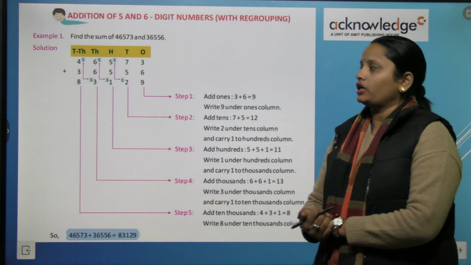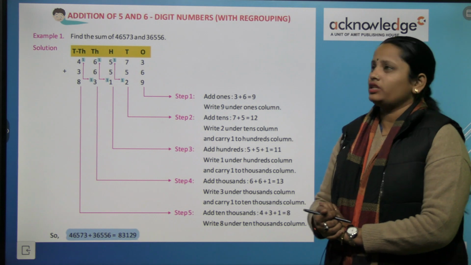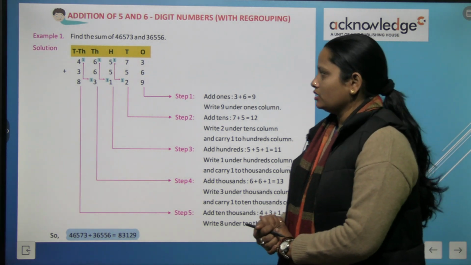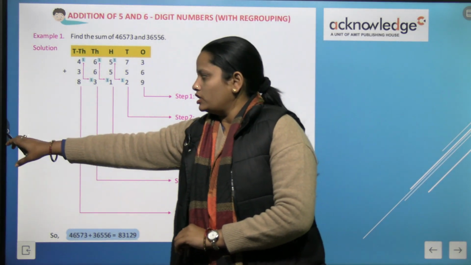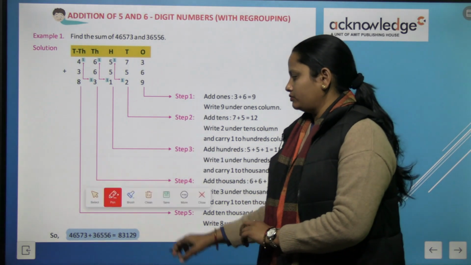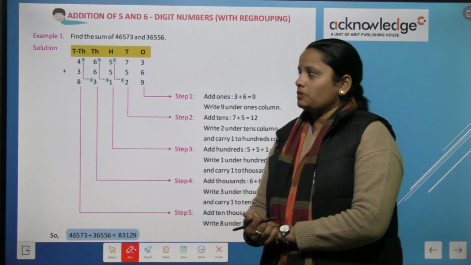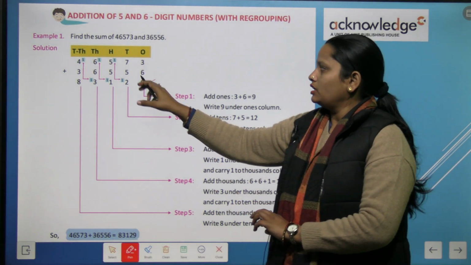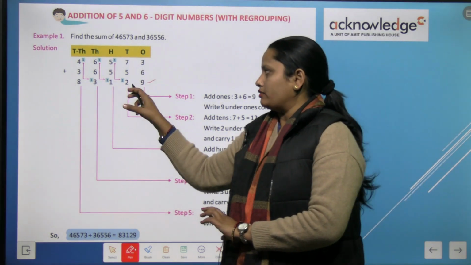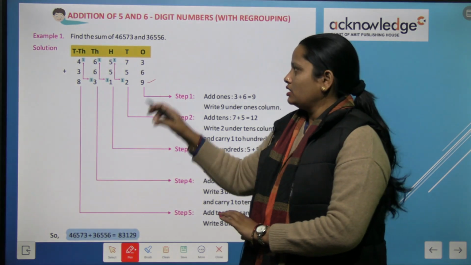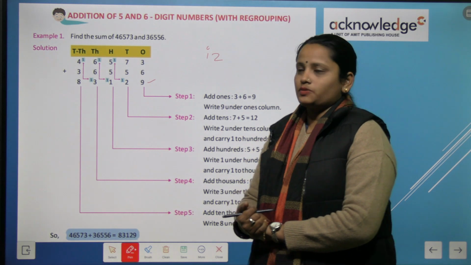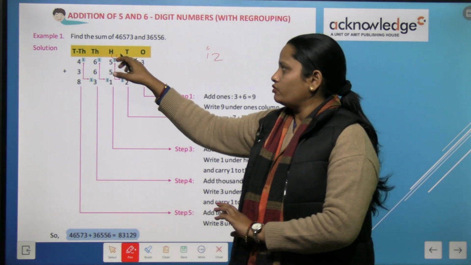Now let's learn about the addition of 5 and 6 digit number with regrouping. So how can we do this regrouping? We used to do this carry or borrow, that we have to do here. So here 3 plus 6 is 9. Now 5 plus 7, 12. So 2 is written here. 12 का 2 लिखेंगे और ये जो टेंस प्लेस है इसे हम कैरी कर देंगे 1 की.